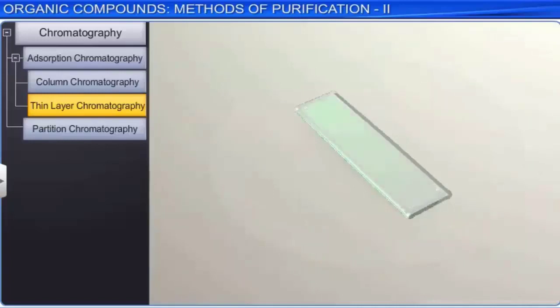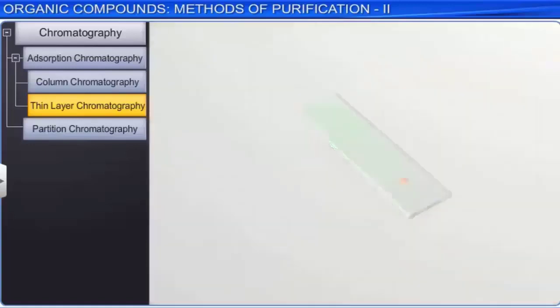The plate is known as the thin layer chromatography plate or chroma plate. Then, a small spot of the solution of the mixture to be separated is applied about 2 cm above one end of the glass plate.